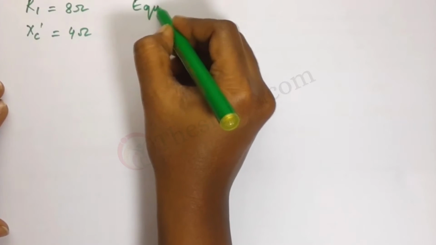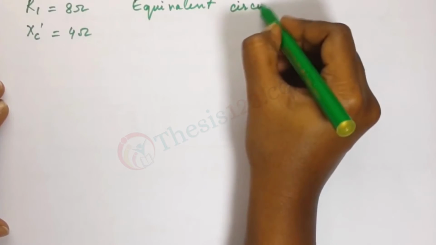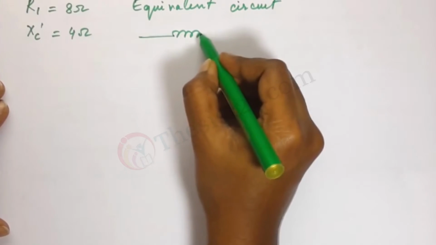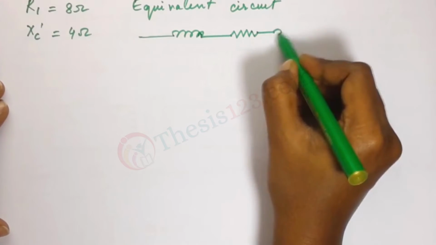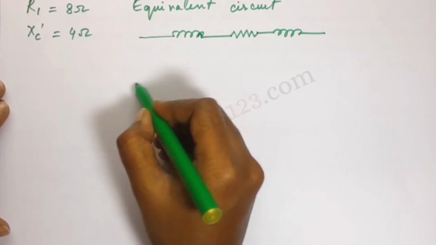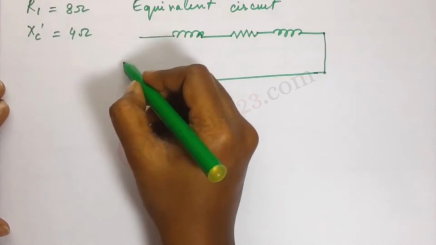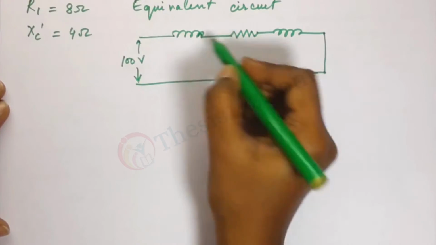So now we need the equivalent circuit. It can be drawn, forgive my drawing, it's a little rough. That's about it. Okay, so we have the RMS value given to us as 100 volts.